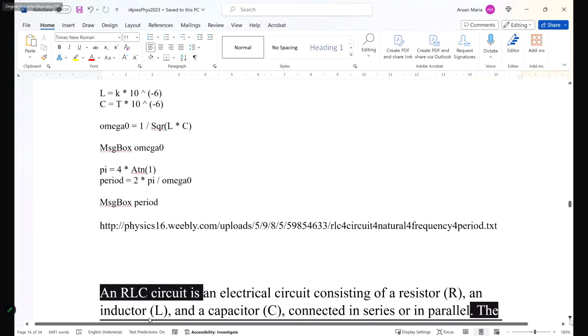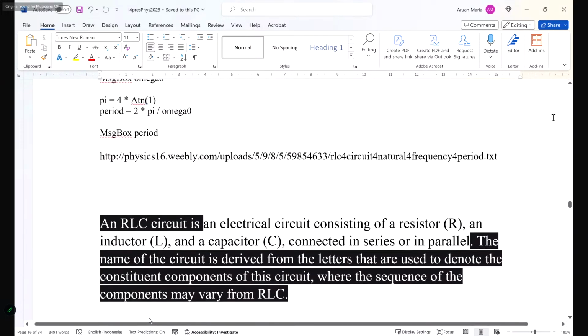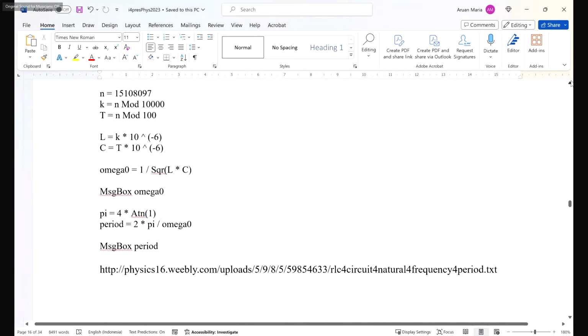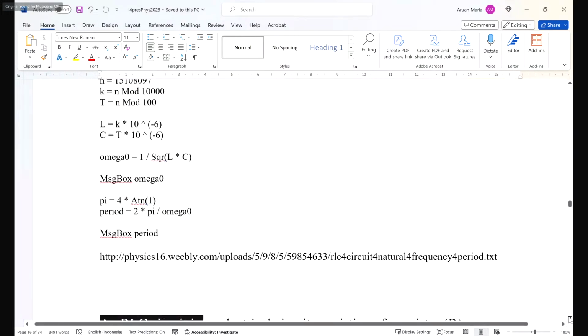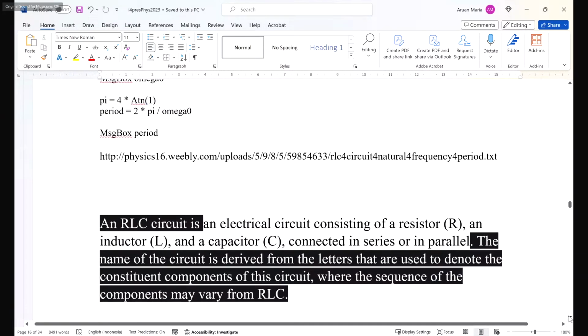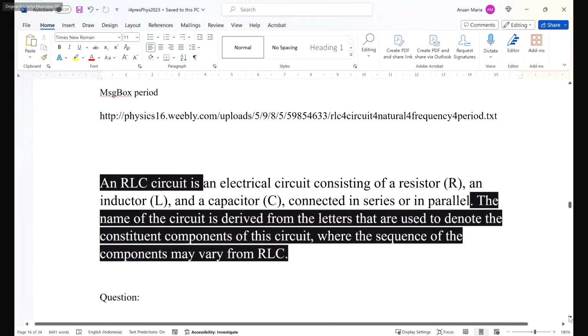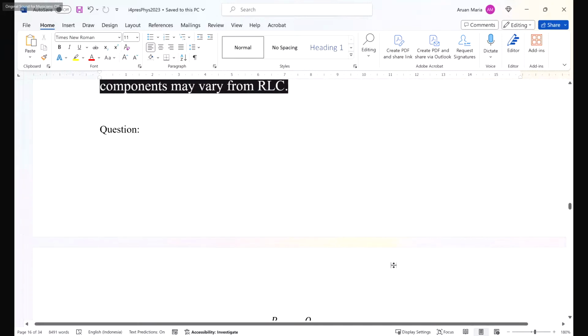Please ask questions, give comments, because now we will consider a little bit more complex circuit, which is more realistic. And this circuit is the RLC circuit, okay? So in addition to capacitor and inductor, it also includes the resistor R, okay? So here is the question.